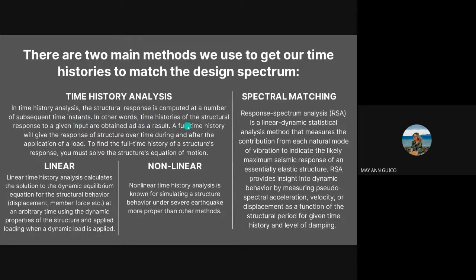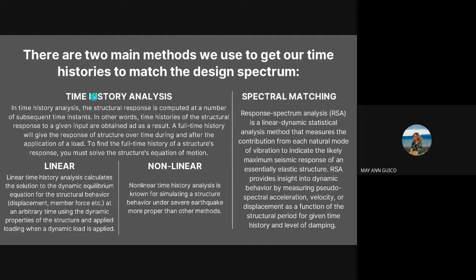In other words, time histories of the structural response to a given input are obtained as a result. A full-time history will give the response of structure over time during and after the application of a load. To find the full-time history of structure's response, you must solve the structure's equation of motion.